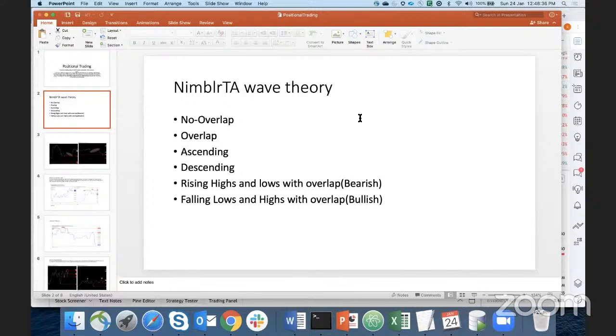When I completed my candlestick course, I never knew what a wave is or how it works. After joining this wonderful forum, Nimbler 15, I learned very easily. Within a month, I picked up this wave theory. From then onwards, no looking back.